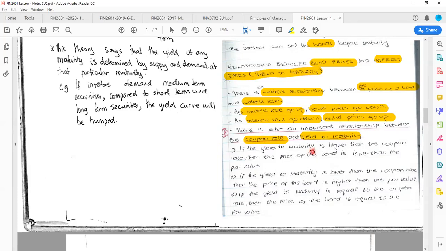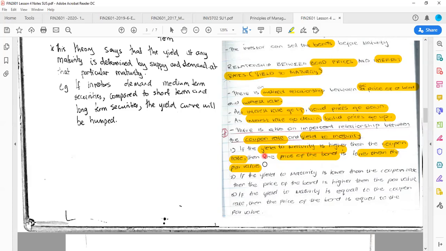Okay, so what does this relationship say? This relationship says if the yield to maturity on a bond is higher than the coupon rate, then the price of the bond will be lower than the par value.